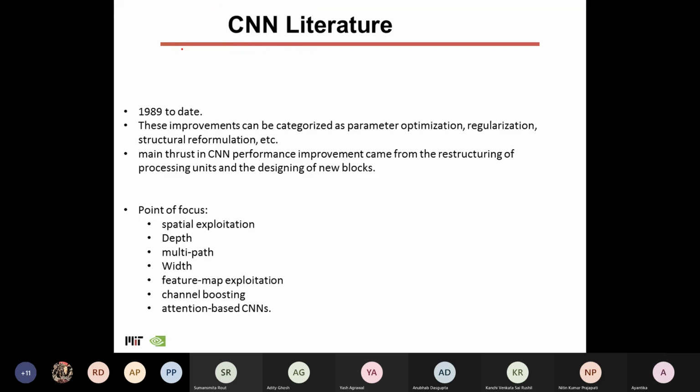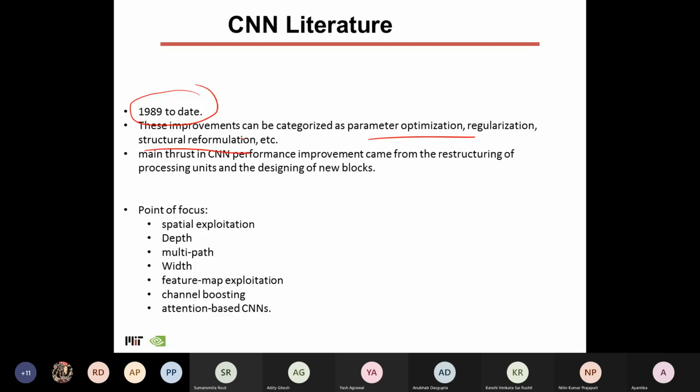With the literature, we will start from 1989 till date, and this literature is still evolving. The improvements in CNN architectures can be categorized as parameter optimization, like filter size optimization and how we were constructing the feature map, those size optimizations, and structural reformulation.